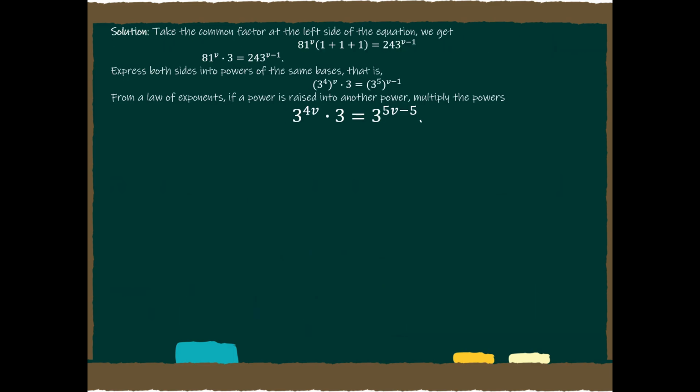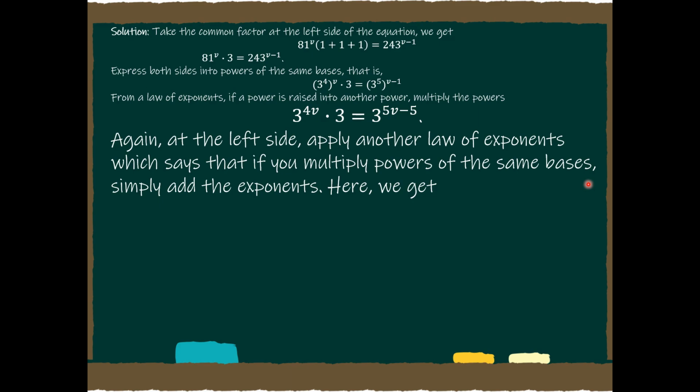Now, at the left side we have 3 raised to 4v times 3. Again we can apply a law of exponents: if you multiply powers of the same base, all you have to do is add the exponents.